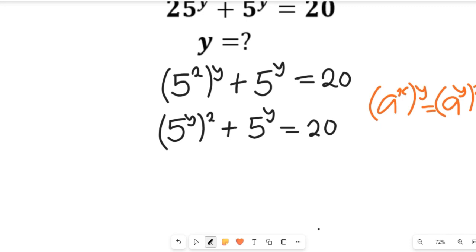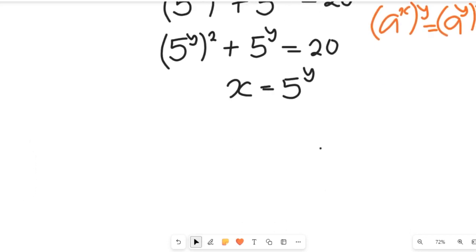Now you can see that we have 5 to the power of y and 5 to the power of y. So we can simply say let x be equal to 5 to the power of y. What that means is that wherever we see 5 to the power of y, we replace it with x. So that will give us x to the power of 2 plus x equal to 20.